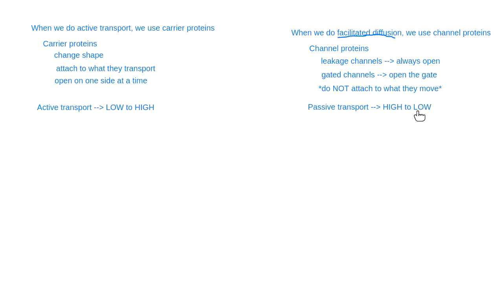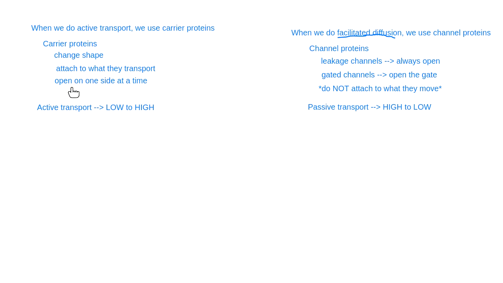When we want to move something from low to high, because I'm doing something that takes energy, that's active transport, it takes energy, we're going the wrong way. The only way for us to be able to transport stuff the wrong way is I'm going to have to attach to what I'm moving, and I'm going to have to open up separately.